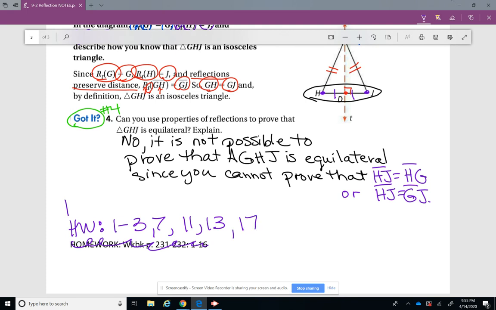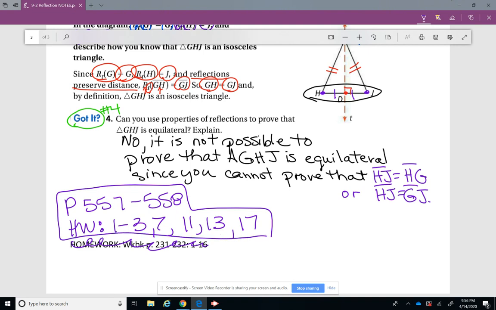So this is going to be page 557 to 558. You get 1 point for each problem you do. So this is 1, 2, 3, 4, 5, 6, 7 practice problems. And then you have 4 Got It problems. So this is going to be worth 11 points.